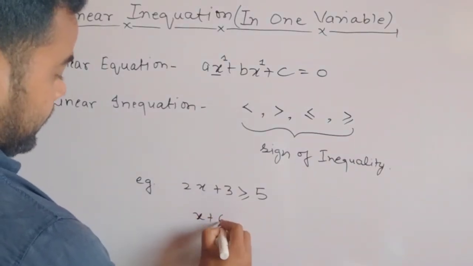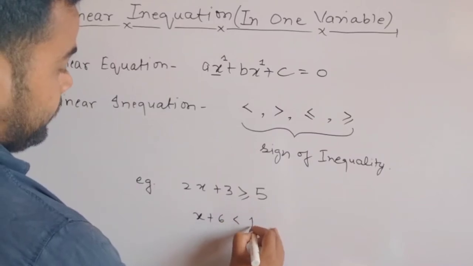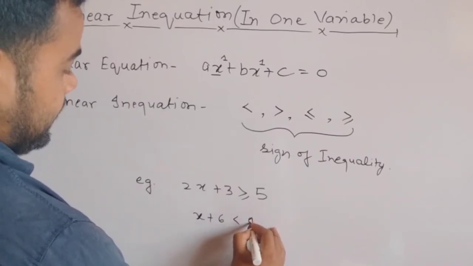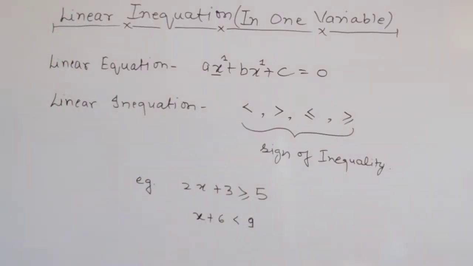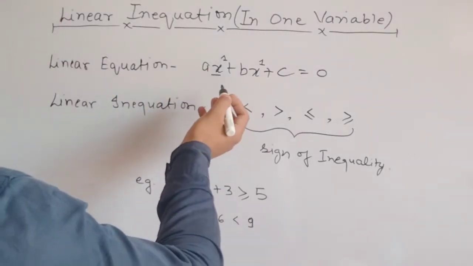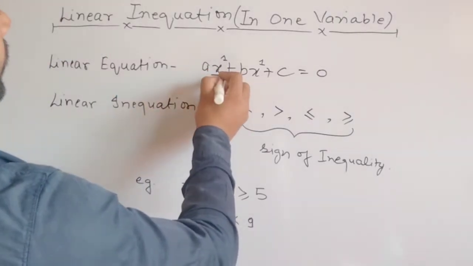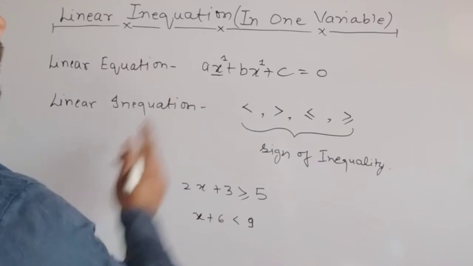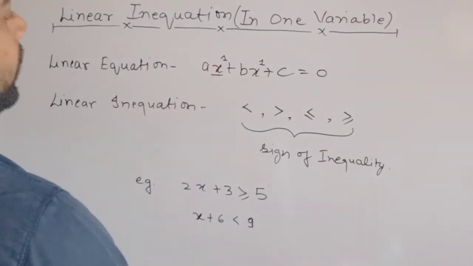x plus 6 less than 9. We can also write it as that. So these are the verbal meaning of the topic linear inequation in one variable. Linear means whatever variable we are using must be of order 1.